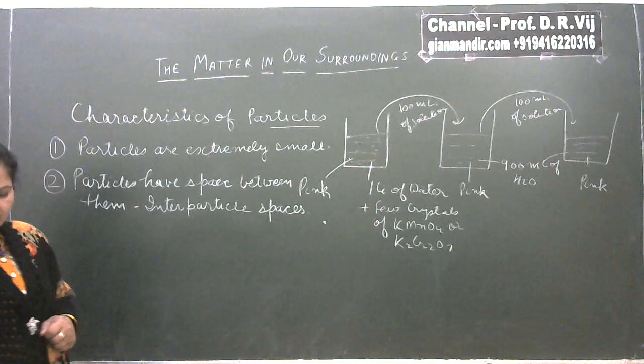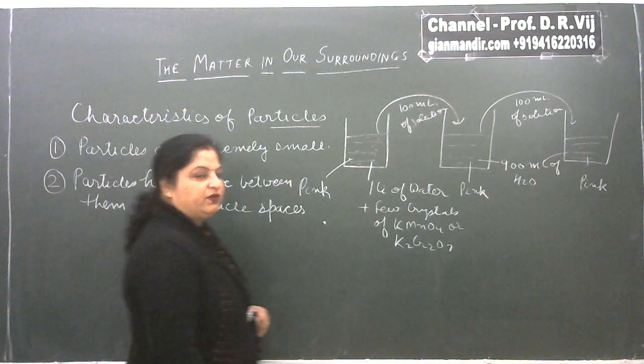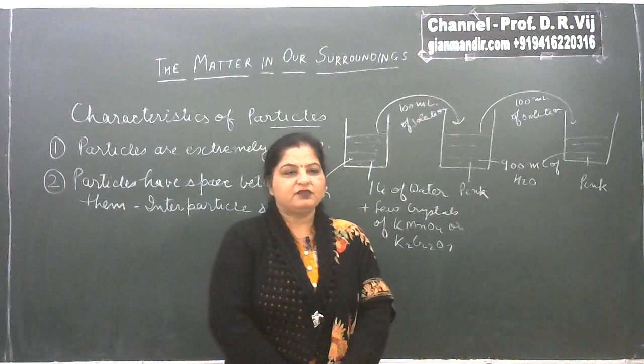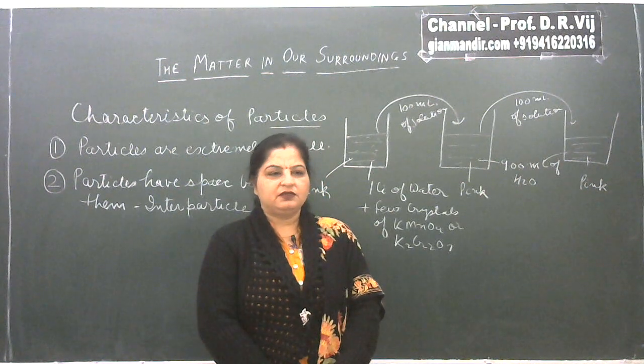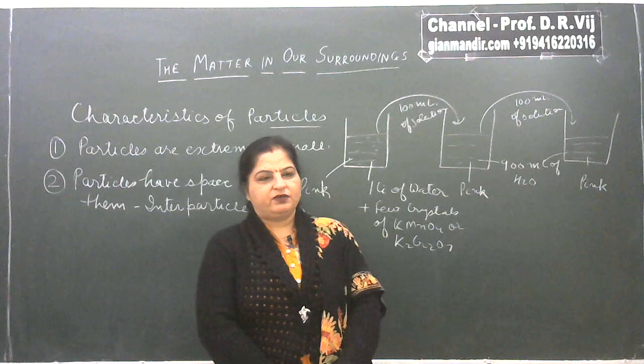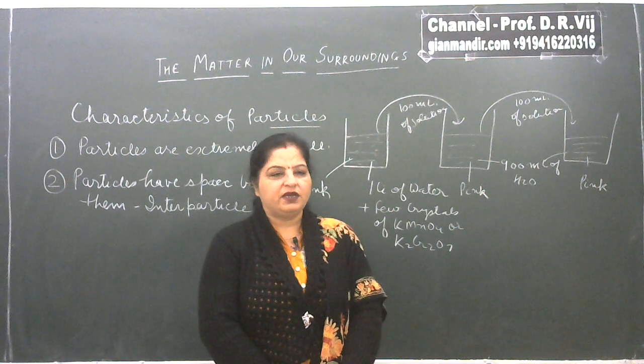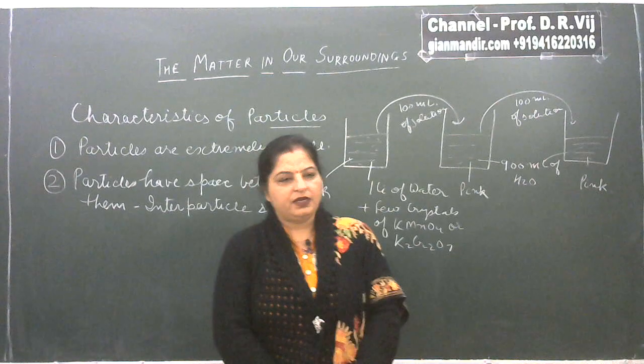So particles of matter have got spaces between them, known as interparticle spaces. In some matter these spaces are very large in size, whereas in others these spaces are very small in size, right?